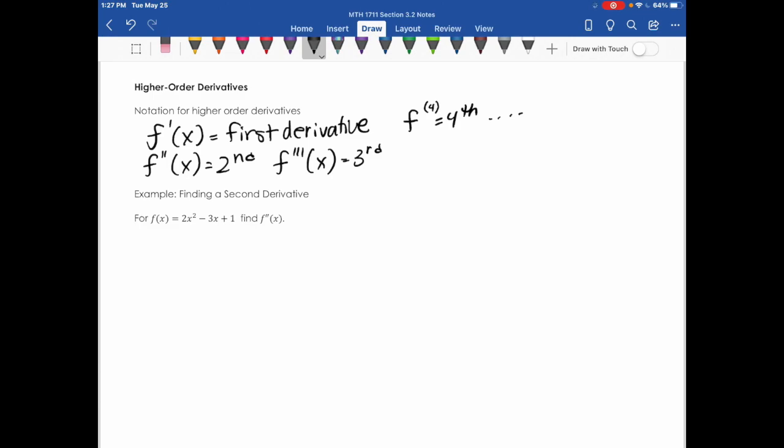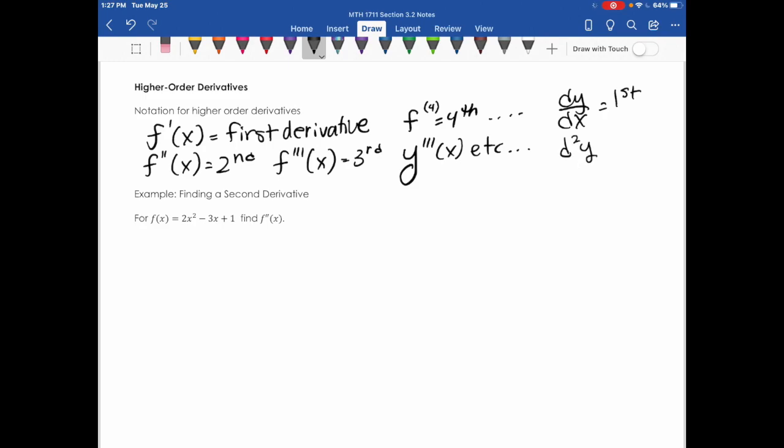And then that goes for the y notation as well. So if I wanted to, for example, find the third derivative, but the notation we're using is y, we would do this. Okay, and then another notation. Remember, we had the dy dx. This was the first derivative.